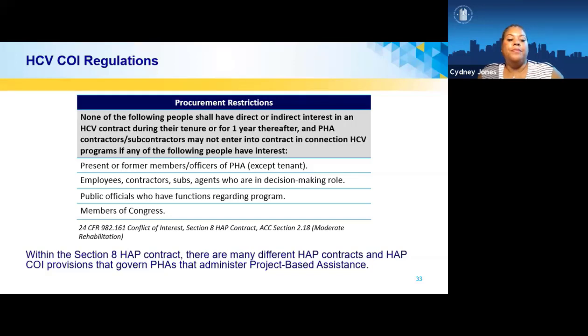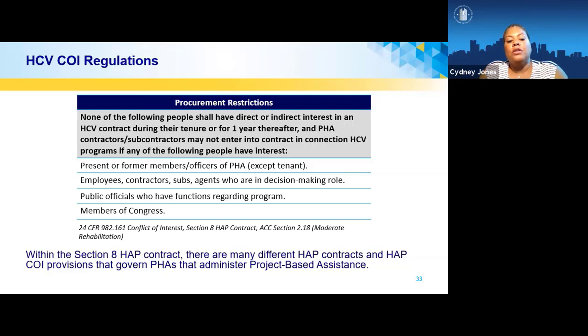Those people are a present or former member or officer of the PHA, except a tenant commissioner; present employees, contractors, subcontractors, or agents who are in a decision-making role; public officials who have functions regarding the program; or members of Congress. So again, within the Section 8 contract, there are many different HAP contracts and conflict of interest provisions that govern the PHAs that administer those contracts. But essentially, this is referenced in 24 CFR 982.161. It covers conflicts of interest.